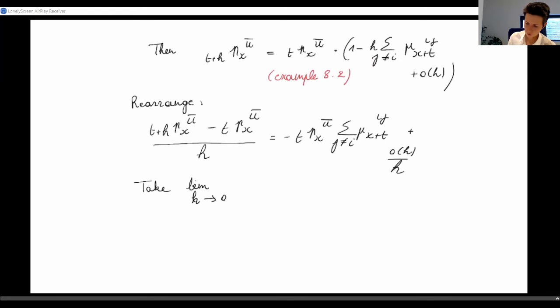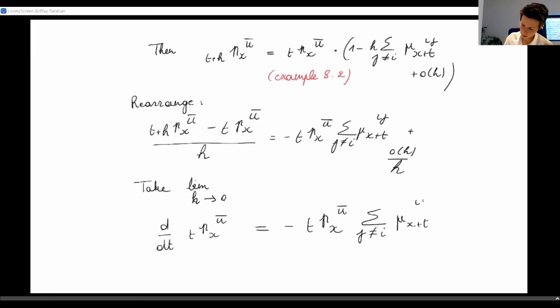If you take this limit everywhere, you come up with the derivative with respect to t of tpx I bar, which is equal to minus tpx I bar multiplied with the sum over j different from I of mu x plus t ij. This term here is going to disappear because if I take the limit for h running to 0, then I get 0 with this little o of h term.